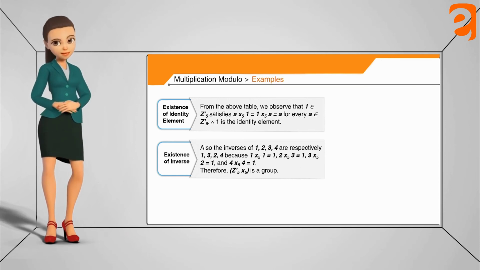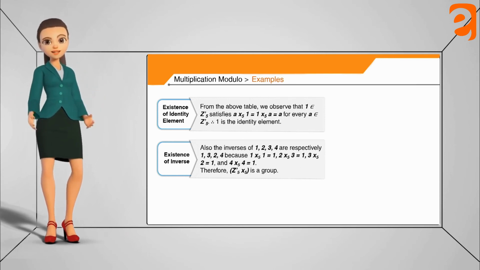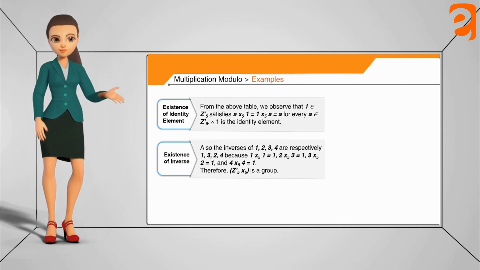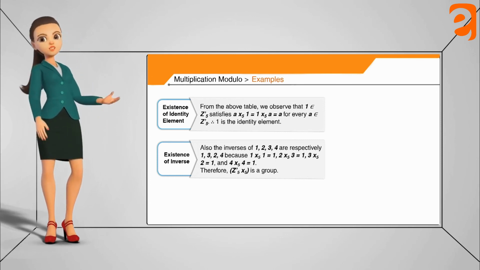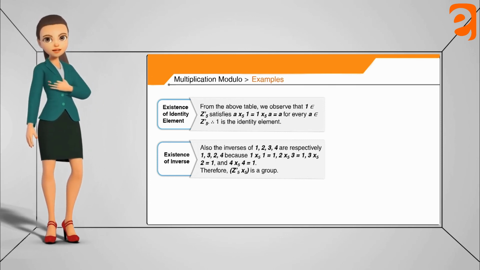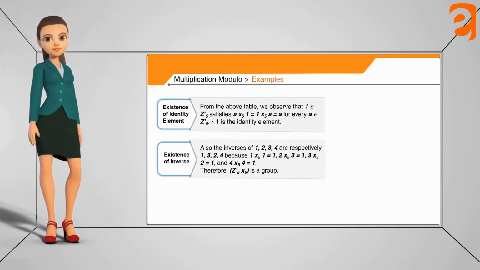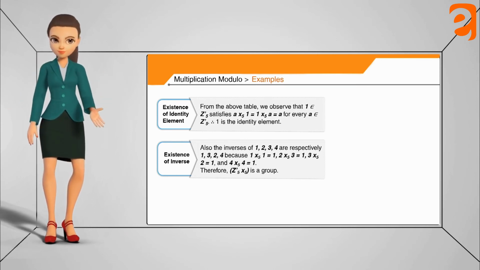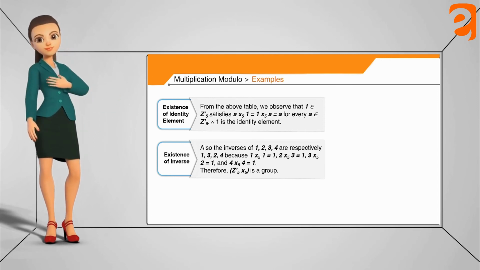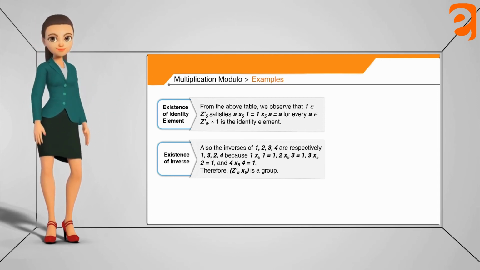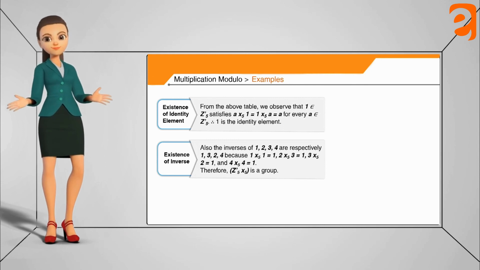So the inverse of 1, 2, 3, 4, if you look at the table, are respectively 1, 3, 2 and 4. So this shows that Z5 contains the inverse of every one of its elements. So in this way we have proved that Z5 is a multiplicative group.